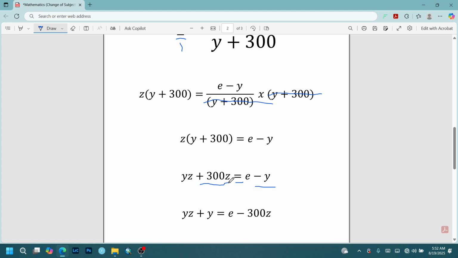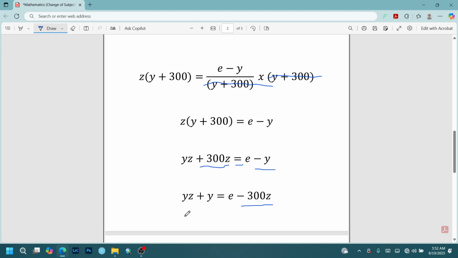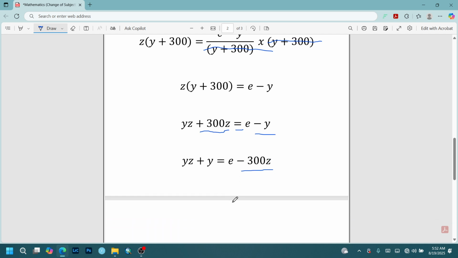This positive number, based on the same rule, will cross the equal to sign and change its form to become a negative number. That's how come we have a negative 300z here. So we have our new equation to be yz plus y equals e minus 300z.